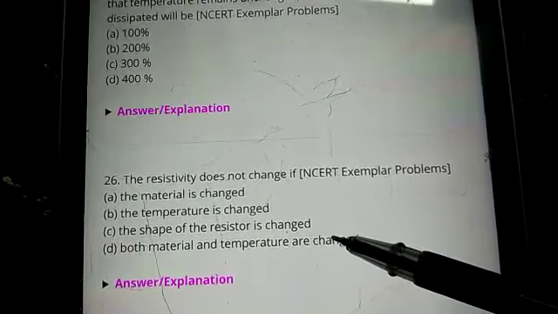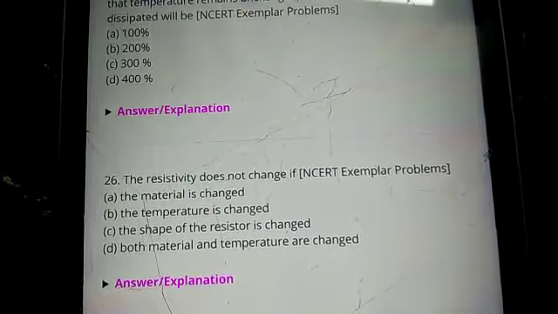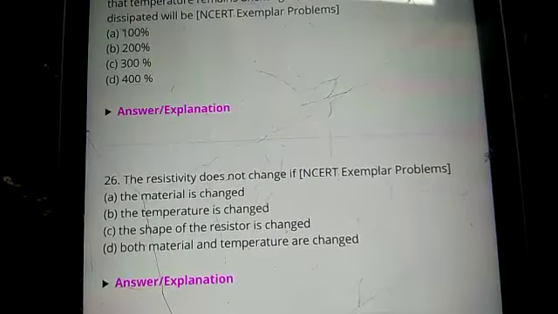Shape of the resistor is changed. If you increase the length or if you increase the cross sectional area of any wire, will the resistivity change? No, the resistivity will not change. Clear? So if shape and size of a resistor is changed, its resistivity does not change.